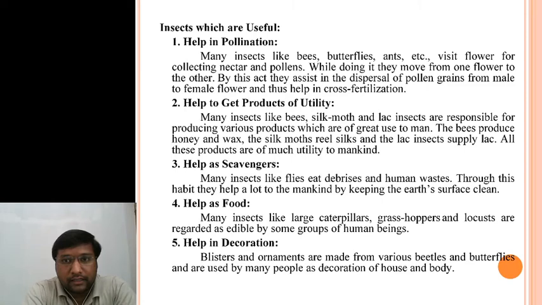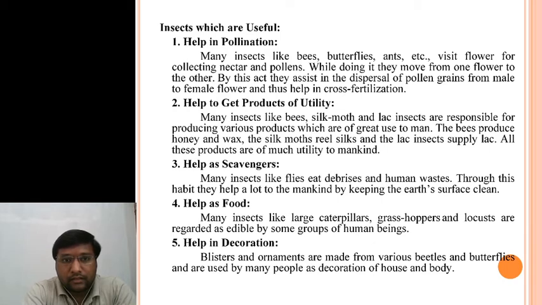While doing it, they move from one flower to another and accidentally transfer pollen grains from one flower to another, or they help in dispersal of the pollen grains. So it helps in cross fertilization, so it helps for the fertilization in a plant. It's a major role performed by these beneficial insects, that is pollination.